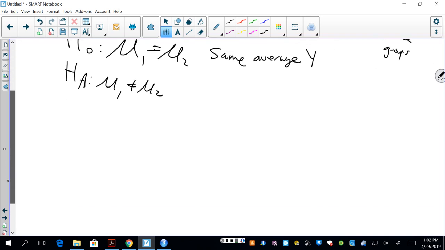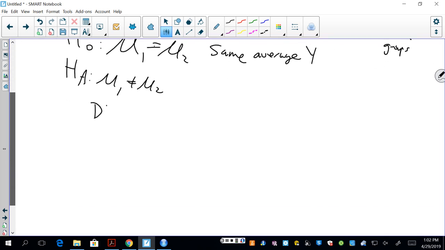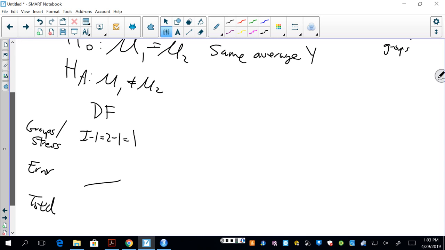So if you have to fill out the ANOVA table, right, there are the different groups, which are defined in terms of the amount of stress experienced. Right. There's the error or residual, and total. 2 groups. So for this one, I minus 1, 2 minus 1, is just 1 degree of freedom here.